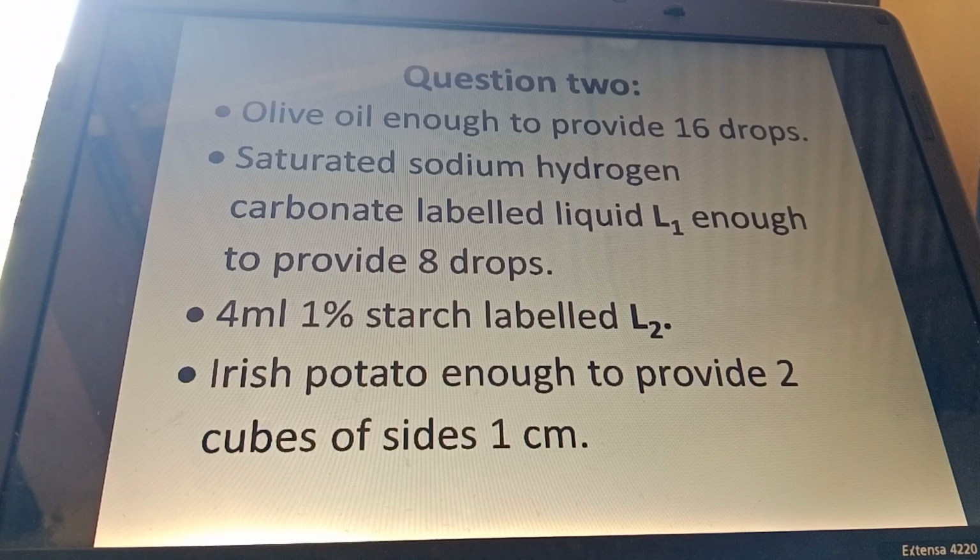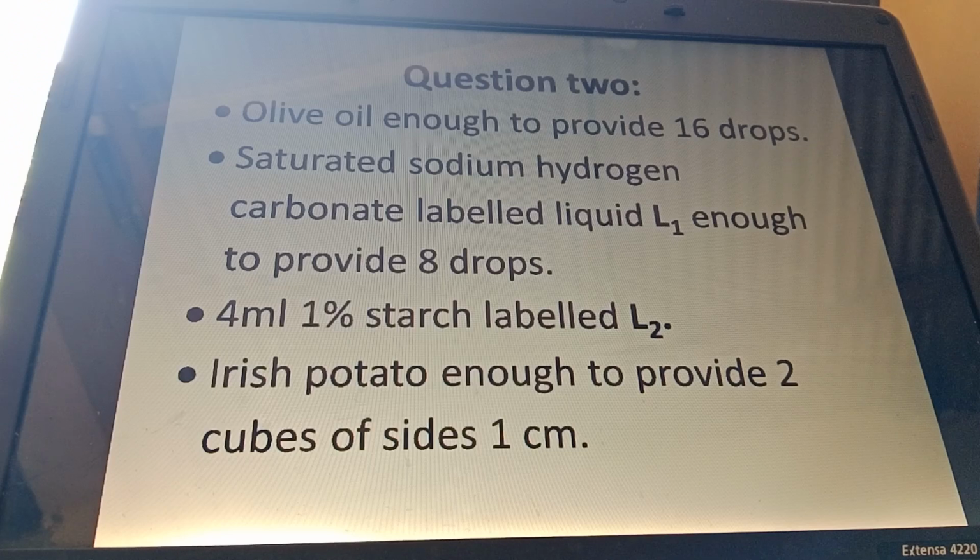Question number 2 required you to have olive oil enough to provide 16 drops. Saturated sodium hydrogen carbonate, labeled liquid L1, enough to provide 8 drops. 4 molar, 1% starch, labeled L2.